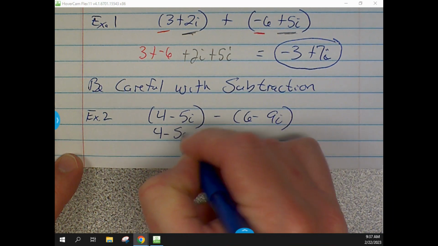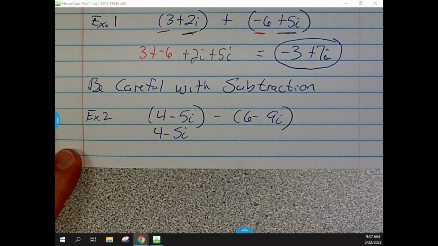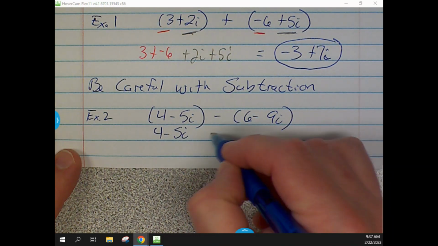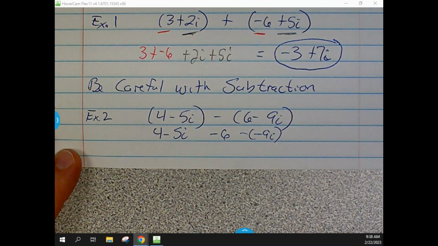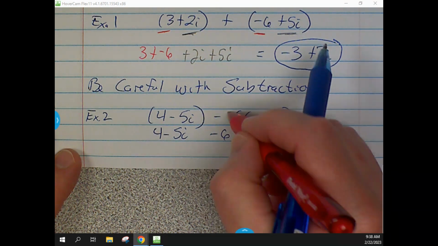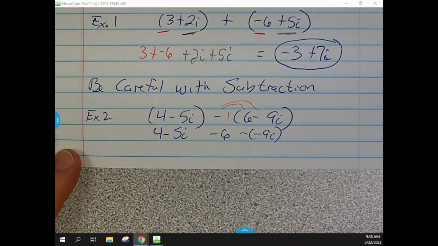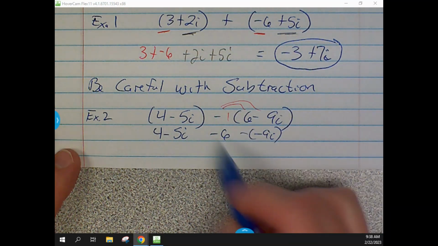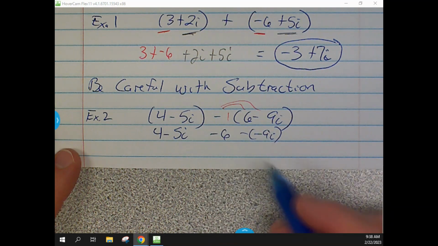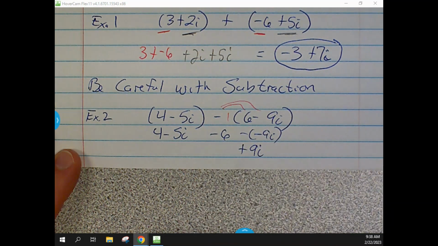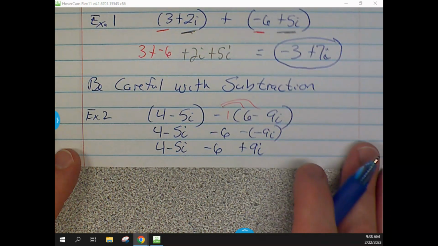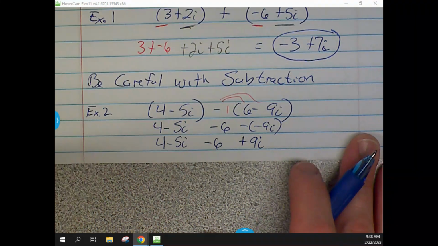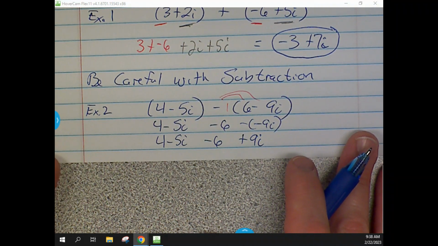okay, first part of it, nothing you have to worry about. It's just 4 minus 5i. When you do the minus part, the next one, just remember that it's minus 6, but it's also minus negative 9i that you've got to think about. In that case, it's almost like a -1 that you're distributing out there. So it's -1 times 6 for -6. A negative times a negative makes a positive. That was the same thing when we were reviewing in the first week or so of class.